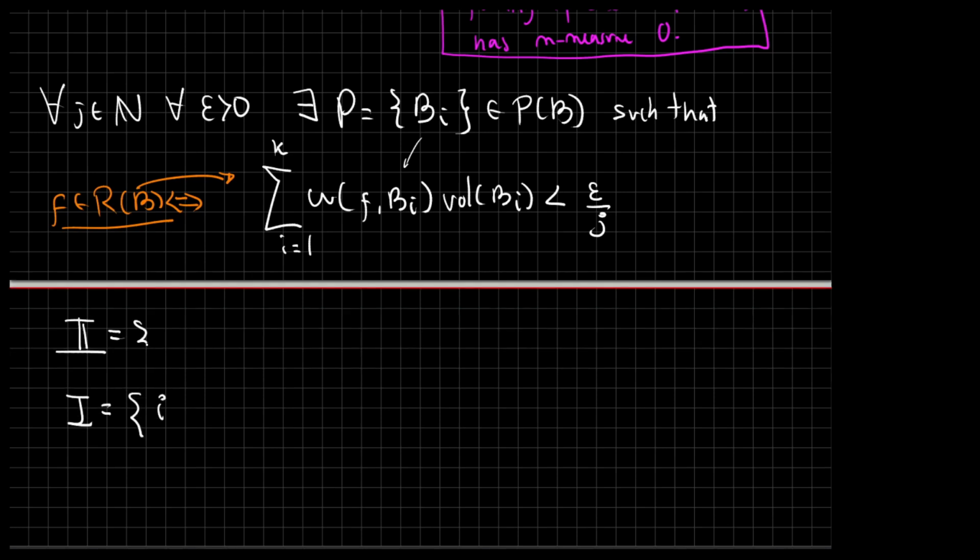This I will be 1 into k. So we will work with a subset of I such that D of J intersected with the interior of the subblock is different from the empty set.